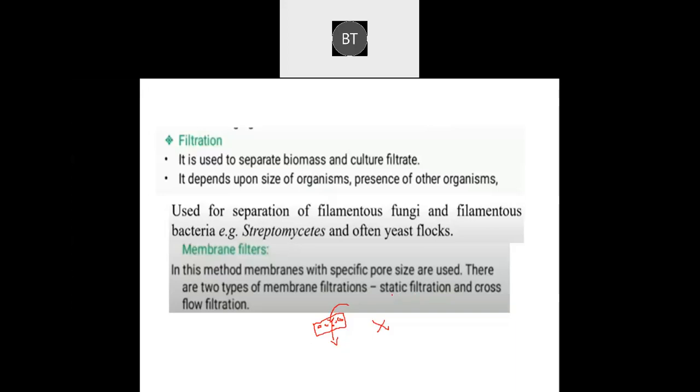Static means that it is in one position. So it's better to go for cross filtration so that there is no clogging of our filters. Clogging means that the pores of your filters are blocked.